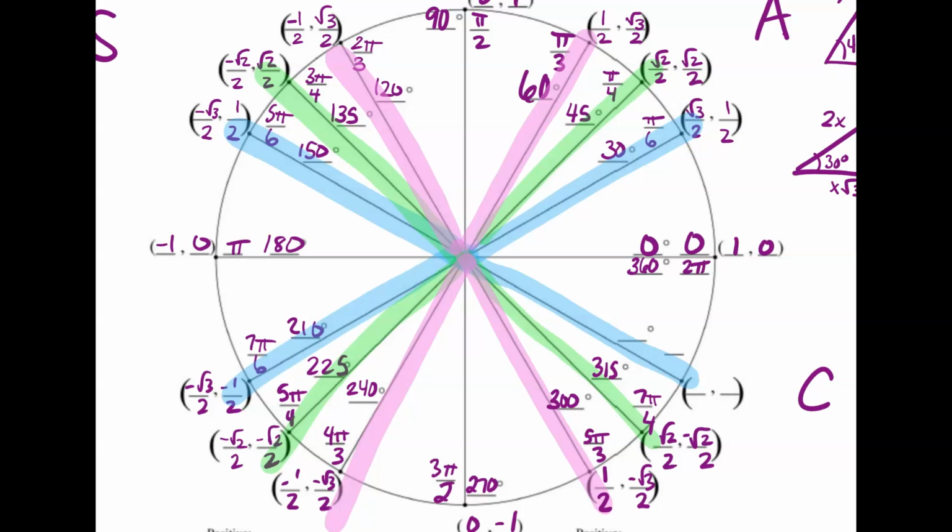I have pi over 6. If I keep counting by 30s, I reach 60, which is 2 pi over 6, same thing as pi over 3.